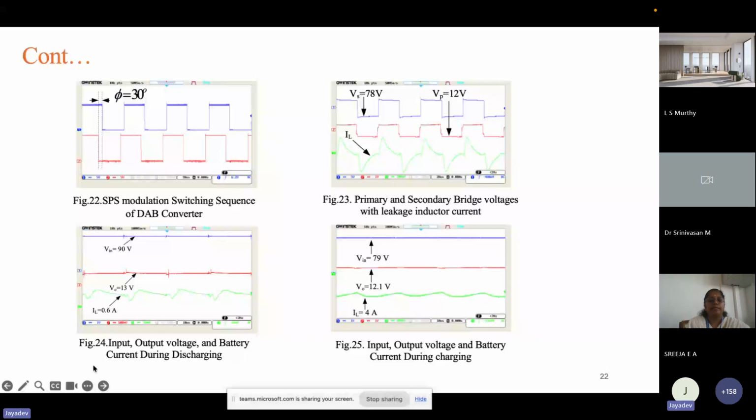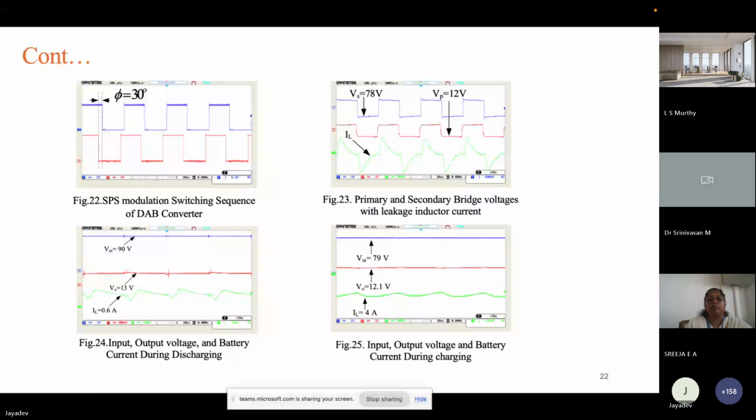In this case, we have given a 90 volt input to the DAB converter. Sorry, the labeling in figure 24 is a mismatch. This is the charging case only.